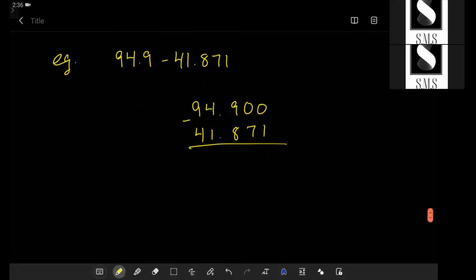Now we know that 0 cannot subtract 1, so we need to borrow from this one. So this will turn to 8, this will turn to 9, and we have 10 minus 1, which will be 9. 9 minus 7 is 2, 8 minus 8 is 0, 4 minus 1 is 3, and 9 minus 4 is 5. So this is our answer, 53.029.